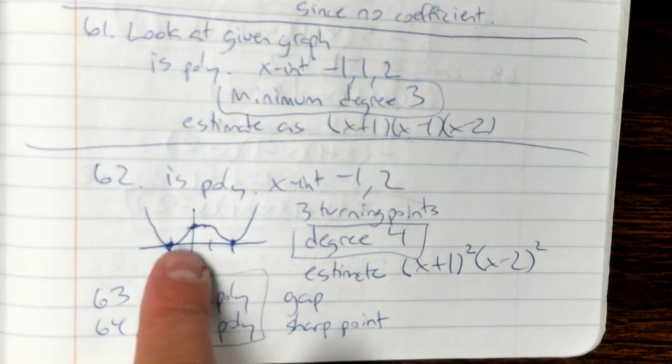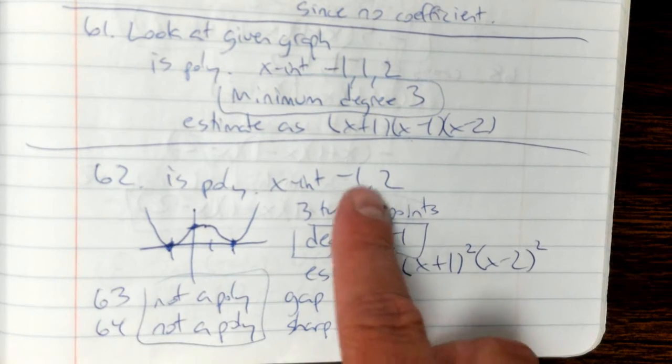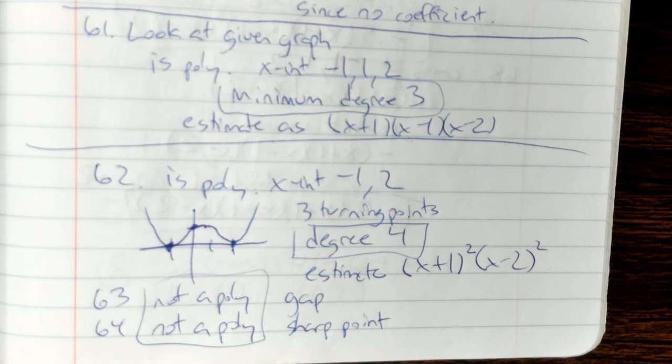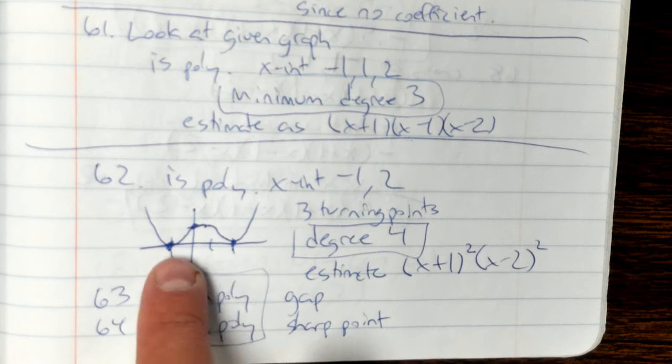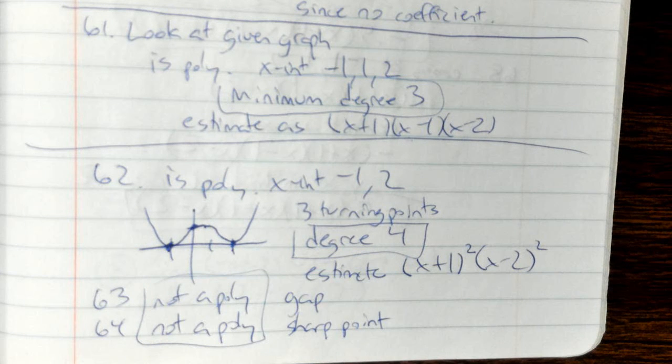So you don't have to draw the graph on paper, but your x-intercepts are -1 and 2. This one had 3 turning points, and so then it's degree 4. Now, the reason why we knew to put degree 4 is because of the multiplicity on both of them.